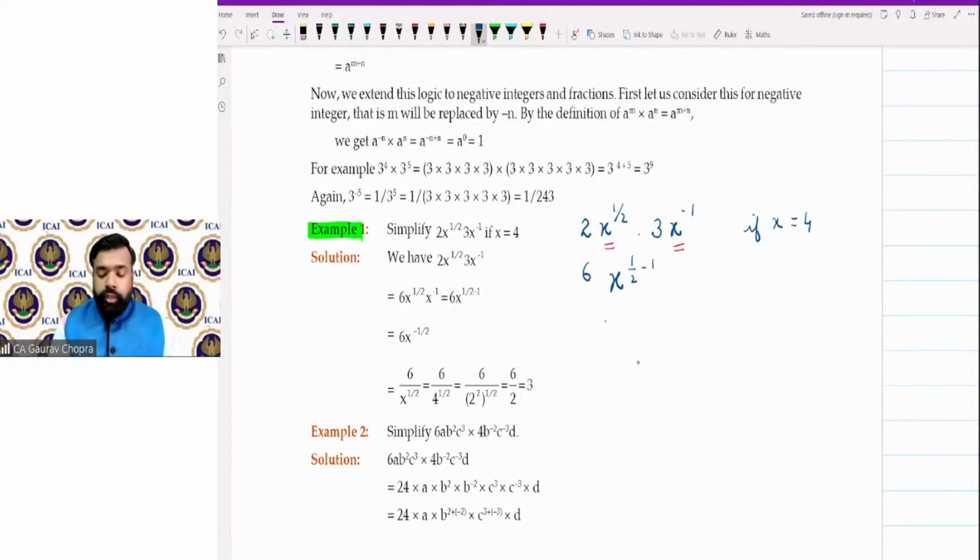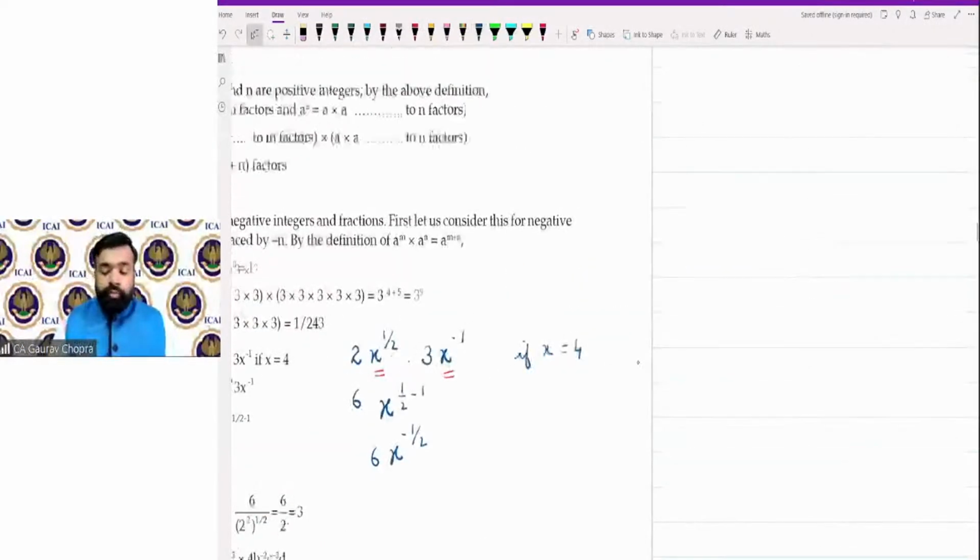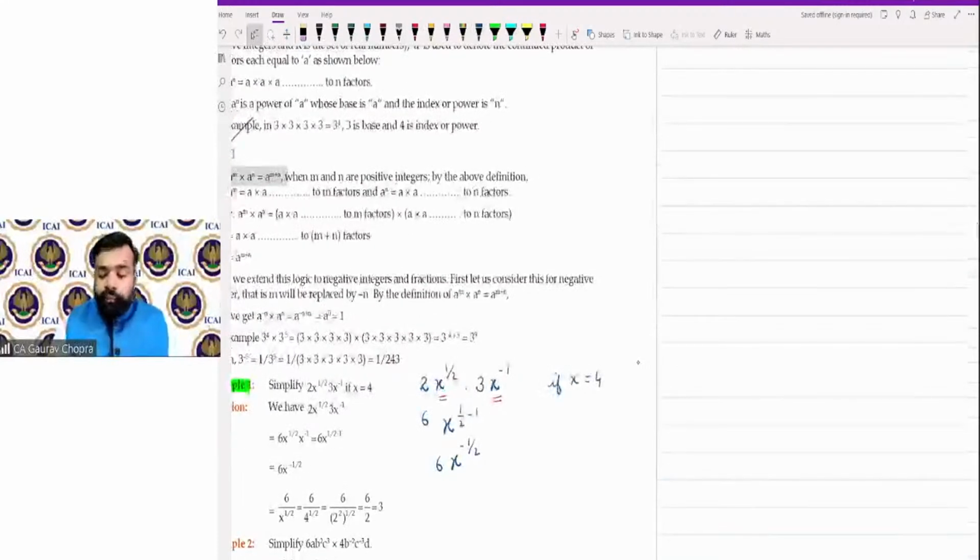So what will be left? 6x to the power of minus half. Now, there is one key important point. Whenever the power is negative, let's say if a to the power of minus 1 is there, then it can be written as 1 upon a to the power of 1.